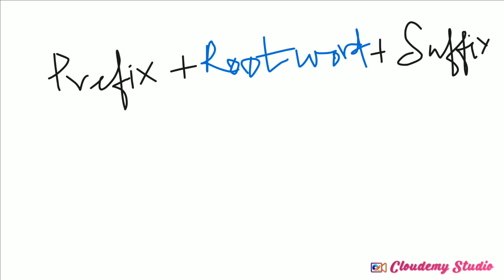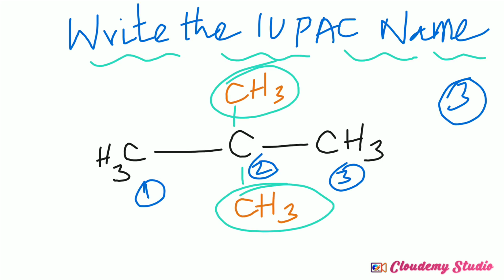The root word denotes the number of carbon atoms in the main chain. So here, how many carbon atoms are there? 1, 2, 3. 3 carbon atoms are there. Therefore, the root word will be prop.